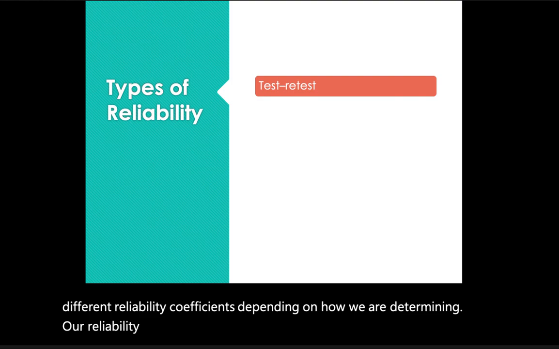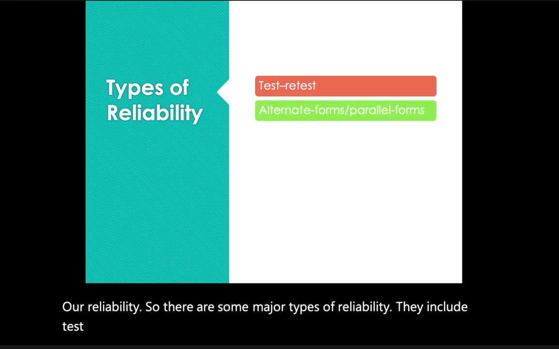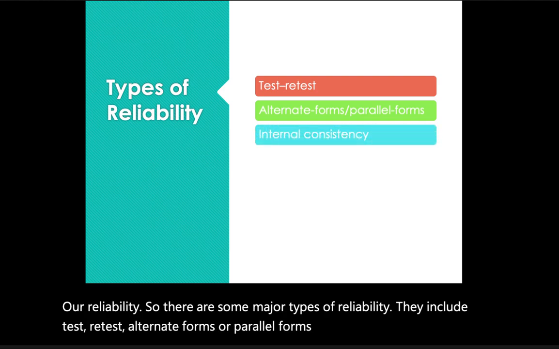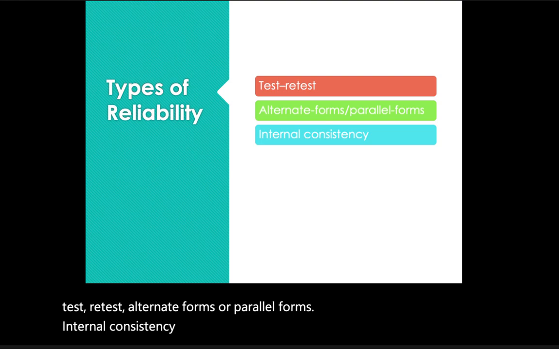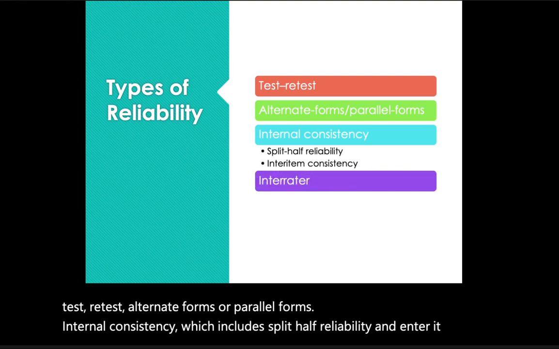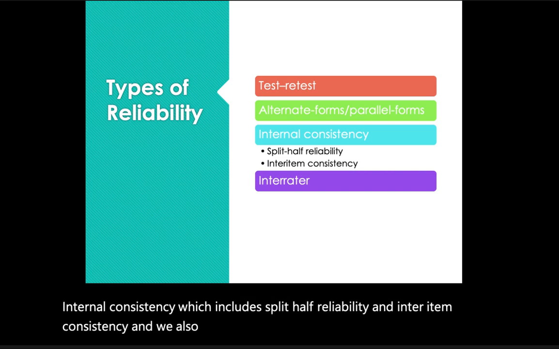So there are some major types of reliability. They include test-retest, alternate forms or parallel forms, internal consistency, which includes split-half reliability and inter-item consistency, and we also have inter-rater reliability.